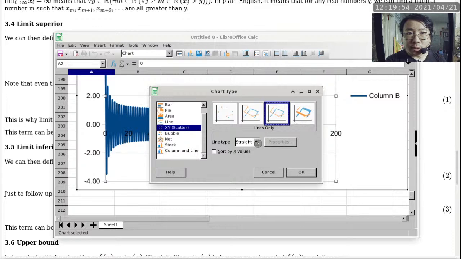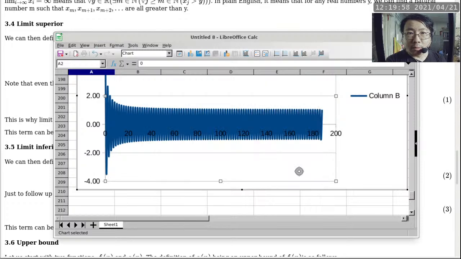And instead of using straight lines, we can use smooth. There we go. It's really busy because we're fitting 189 points within a very small region in terms of the area. But you can see how it keeps oscillating. So in this case, the sequence itself doesn't have a limit.